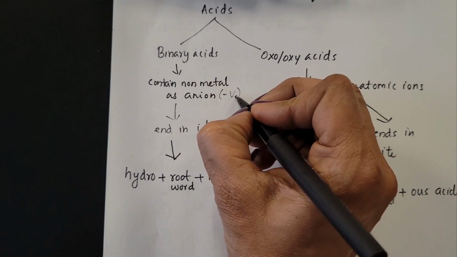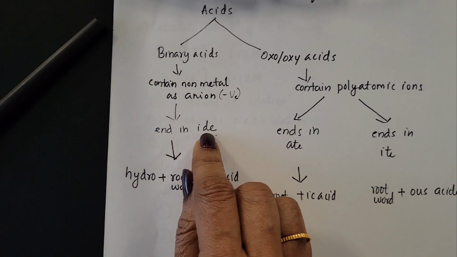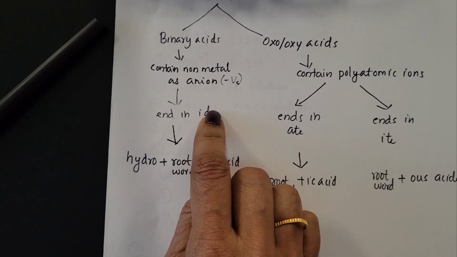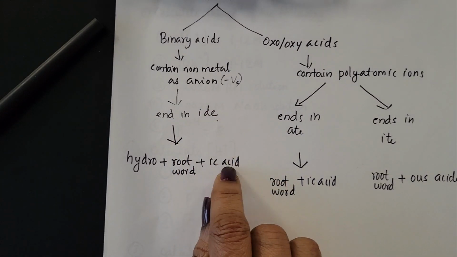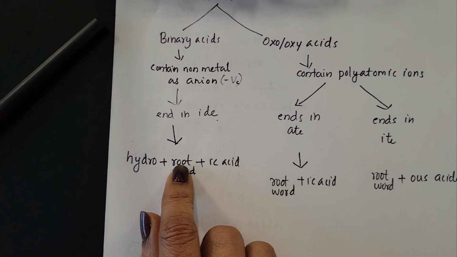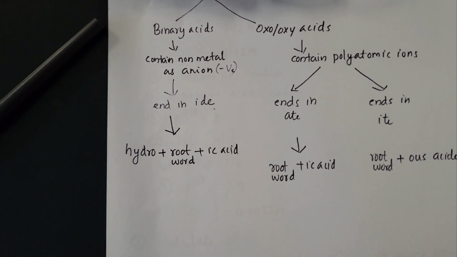So if non-metals are anions, they will end in IDE. If they are ending in IDE, you just replace IDE with IC acid, then add the root word, then a prefix hydro. Let's see an example.